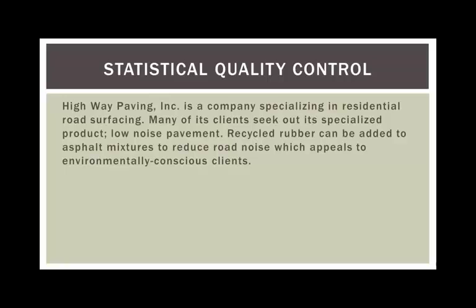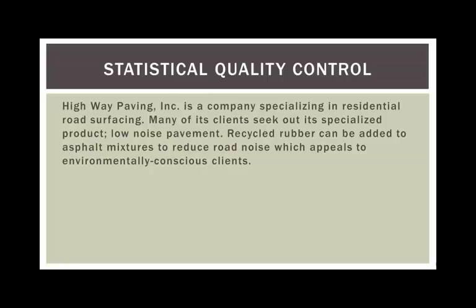So our example comes from the field of statistical quality control. In other forms it's called Six Sigma and things like that. But this is a very basic example. So Highway Paving is a company specializing in residential road surfacing. Many of its clients seek out its specialized product, low noise pavement. Recycled rubber can be added to the asphalt mixtures to reduce road noise, which appeals to environmentally conscious clients.